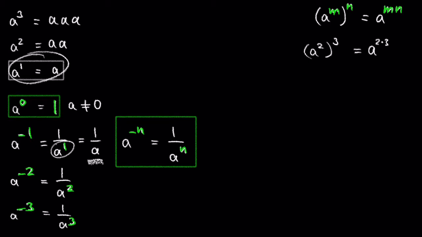So we get a raised to the power of 2 times 3, which is a raised to the power of 6. So when we have a number raised to a power, and that's all raised to another power, just multiply the two exponents together to simplify it.